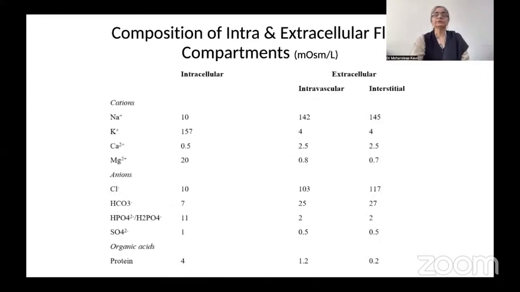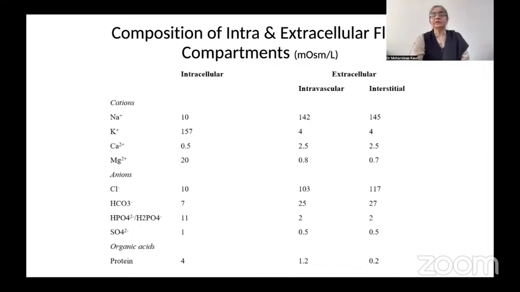Now, this is the composition of intra and extracellular fluid compartments in milliosmoles per liter. This chart is given in every book, but I wish to focus your attention on the fact that sodium and chloride are mostly extracellular, and potassium and magnesium are intracellular.